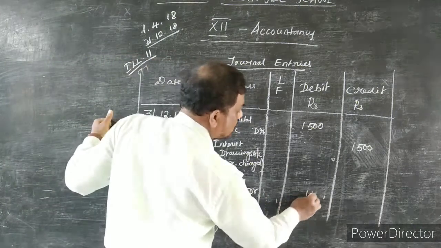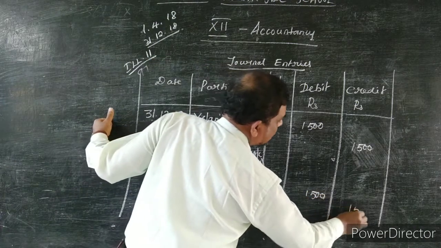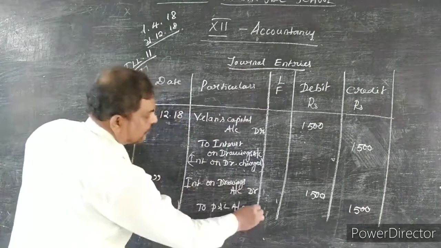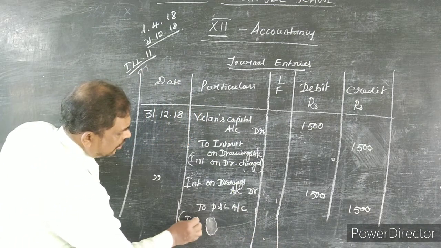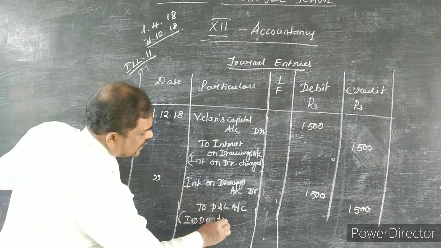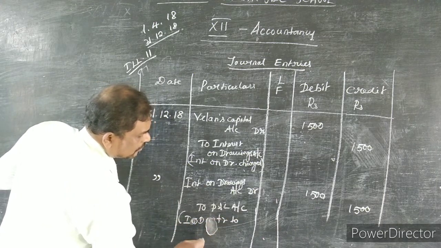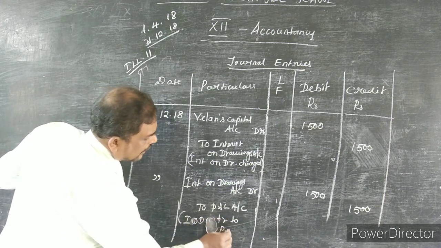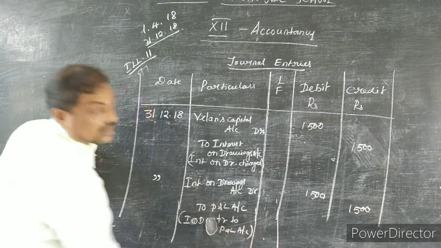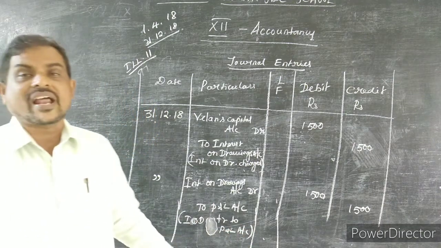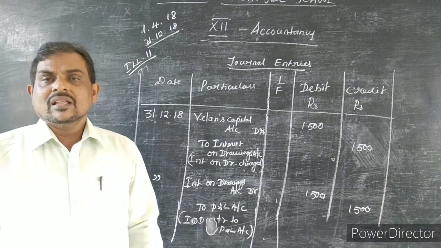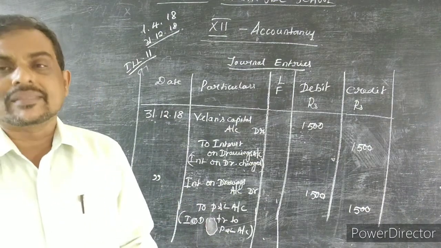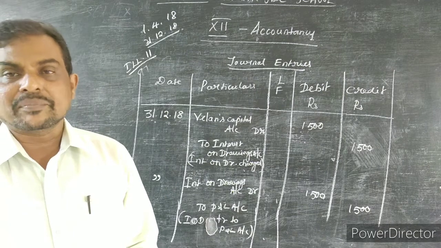What is the amount? 1500. Okay. Now narration is: interest on drawings transferred to P and L account. Okay. This is the direct method sum.